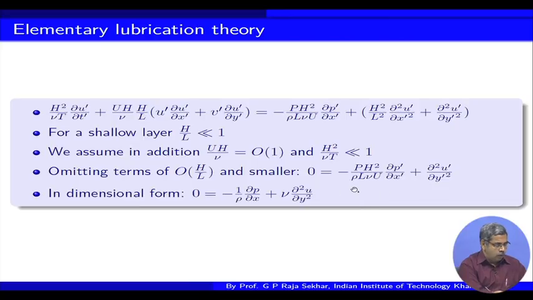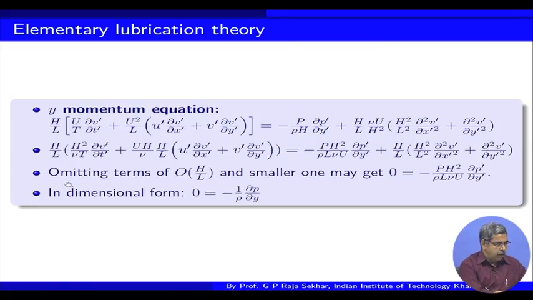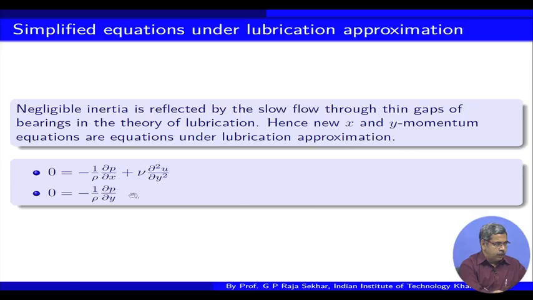Now, this is the x momentum, and a similar analysis can be done for the y momentum. I have shown it for x, you can do it for y momentum, and under lubrication approximation you would see the corresponding pressure gradient vanishes. So we have the x momentum and y momentum under lubrication assumption.